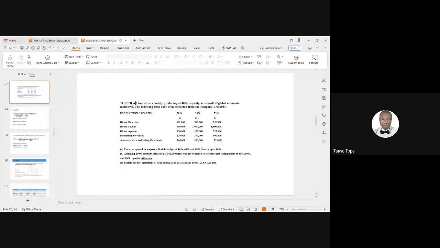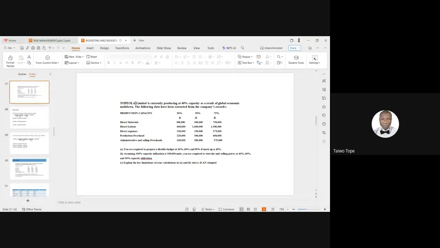Some students will ask how to differentiate variable from fixed cost: variable costs vary with the activity level, while fixed costs are always constant. When we get to production overhead and admin overhead, we need to ask ourselves whether the overhead is fixed or variable, and show a working to answer that question. So direct expense is a variable cost.